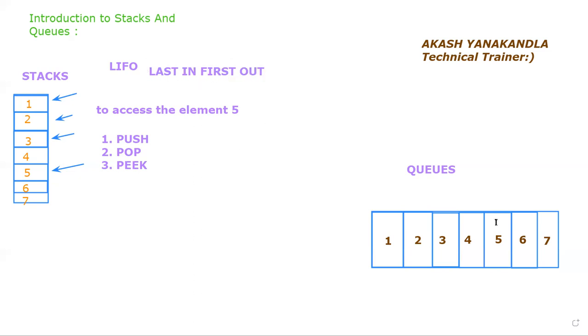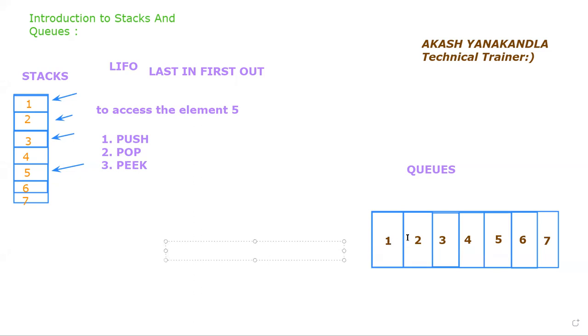And when I consider my 1, 2, 3, 4, 5, 6, 7 here, 1 became first. And after that, we have second. After that, we have 3 in queue operation, and we have 4, and then we have 5 in the queue data structure, and then we have 6, and then we have 7. Now the initially entered element was 1 here.